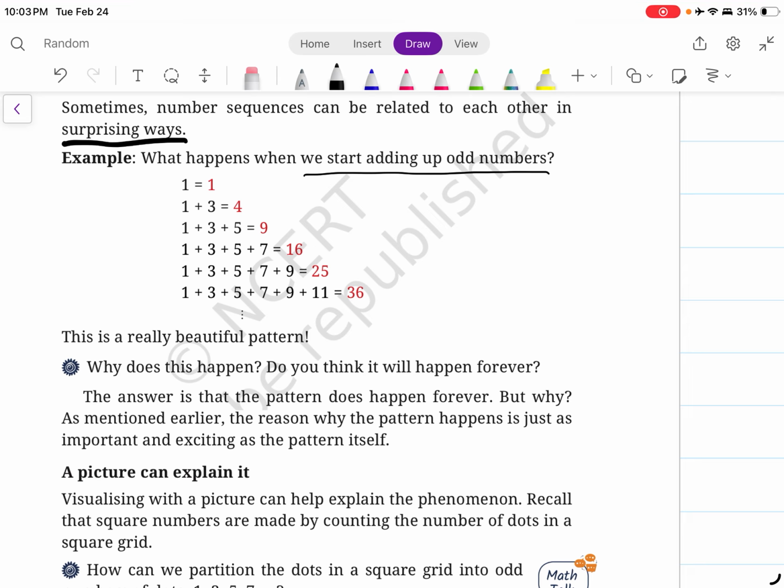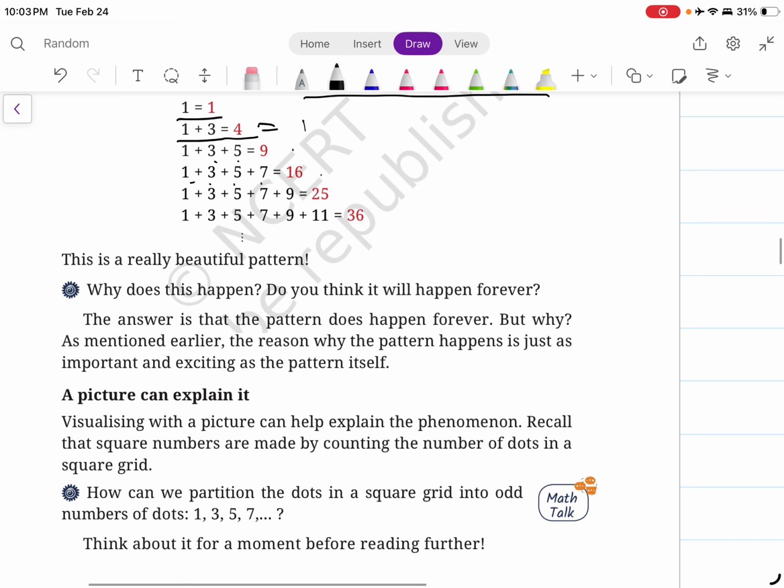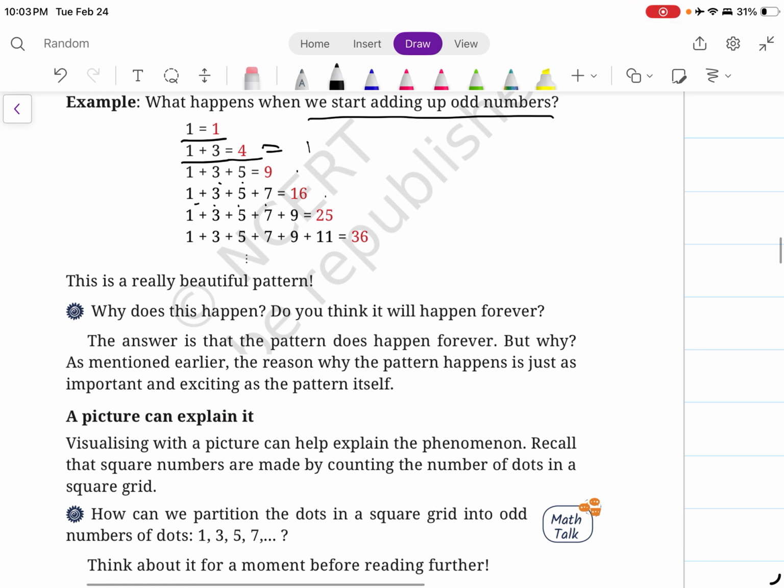For example, अगर हम ऐड करेंगे odd numbers को तो क्या होगा? 1 plus 3 will come out 4. 1 plus 3 plus 5 will come out 9. 1 plus 3 plus 5 plus 7 will come out 16, and so it goes on. It is a really beautiful pattern. We can see 1, 4, 9, 16, 25, 36.